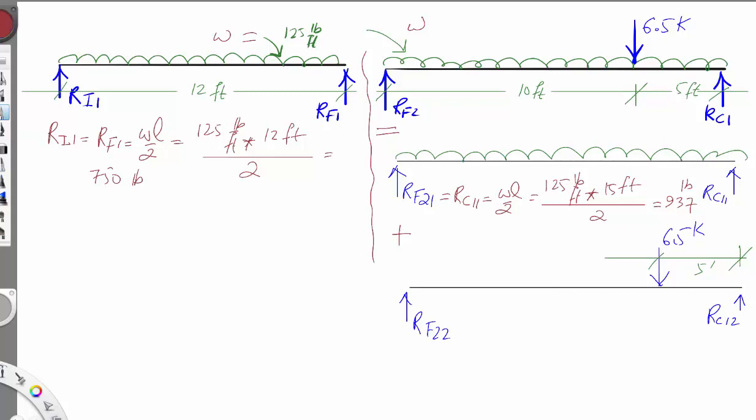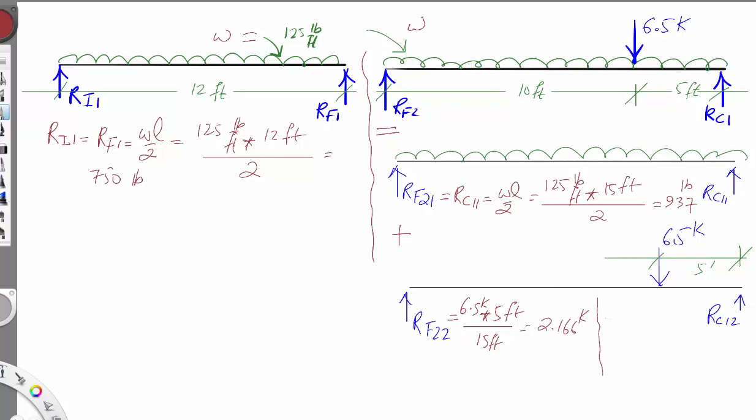Now RF22 and RC12 are not equal, so I need to go back to the charts. RF22 will be equal to 6.5 kips multiplied by the opposite distance, which is this one, 5 feet, divided by the entire distance, which is 15 feet, and this is equal to 2.166 kips.